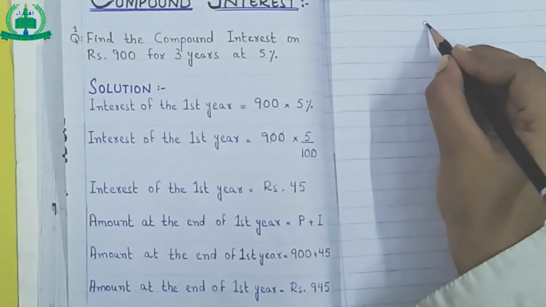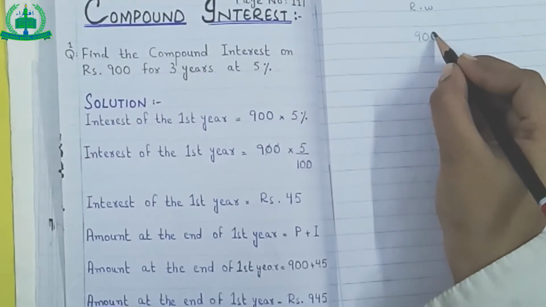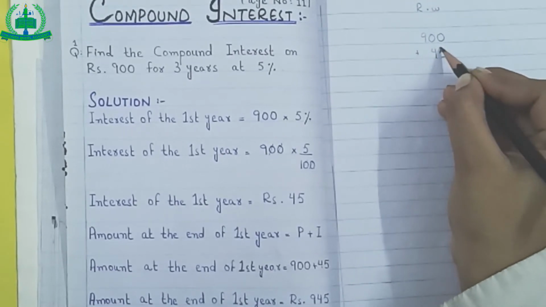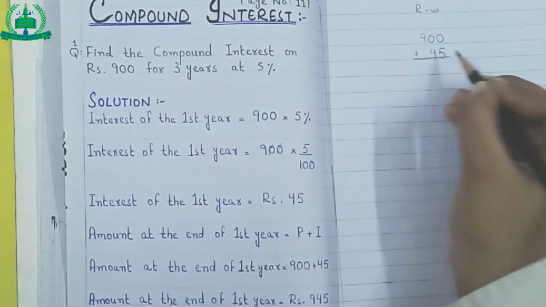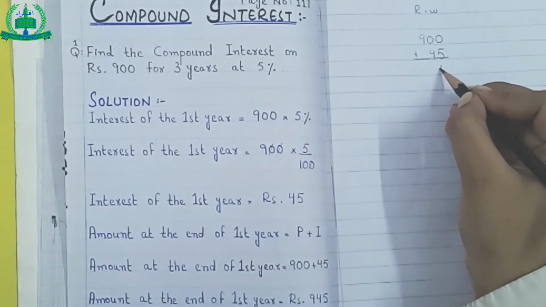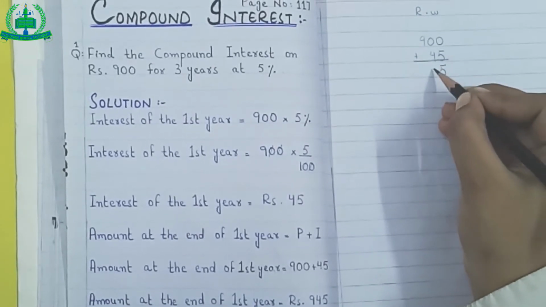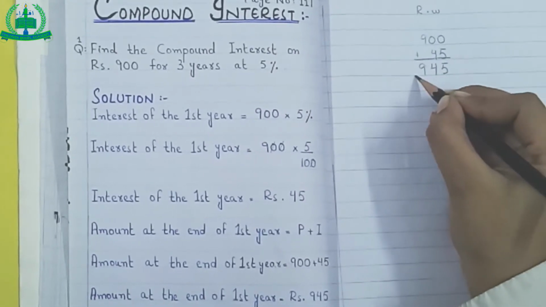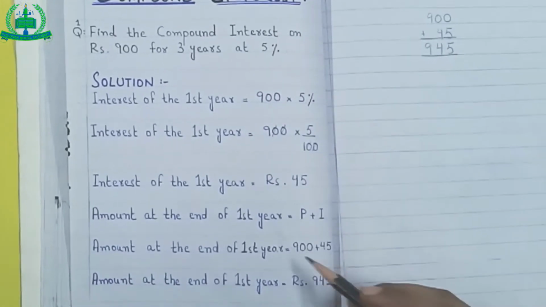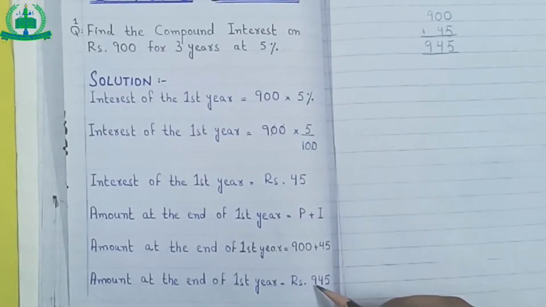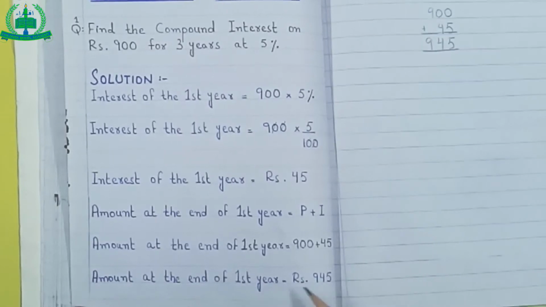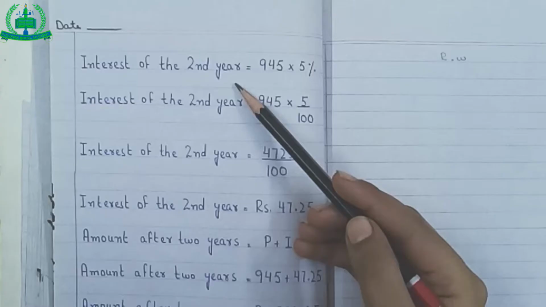Rough work. 900 plus 45. 0 plus 5 makes 5. 0 plus 4 makes 4. 9. 900 plus 45 makes 945. So the amount at the end of first year is rupees 945.